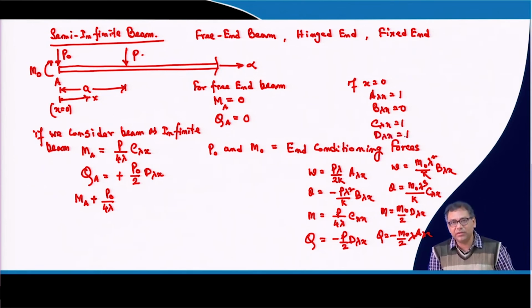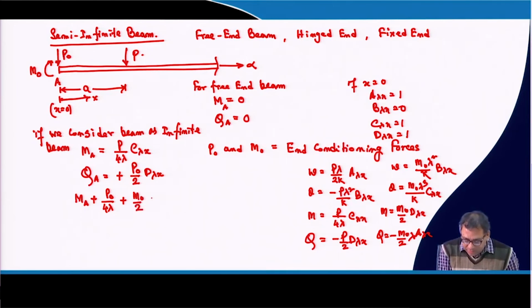Always remember that. So here this will be P0 by 4 lambda, and due to the concentrated moment, the moment will be M0 by 2, again D lambda x equal to 1. So this will be M0 by 2, and that will be equal to 0 as per the boundary condition.